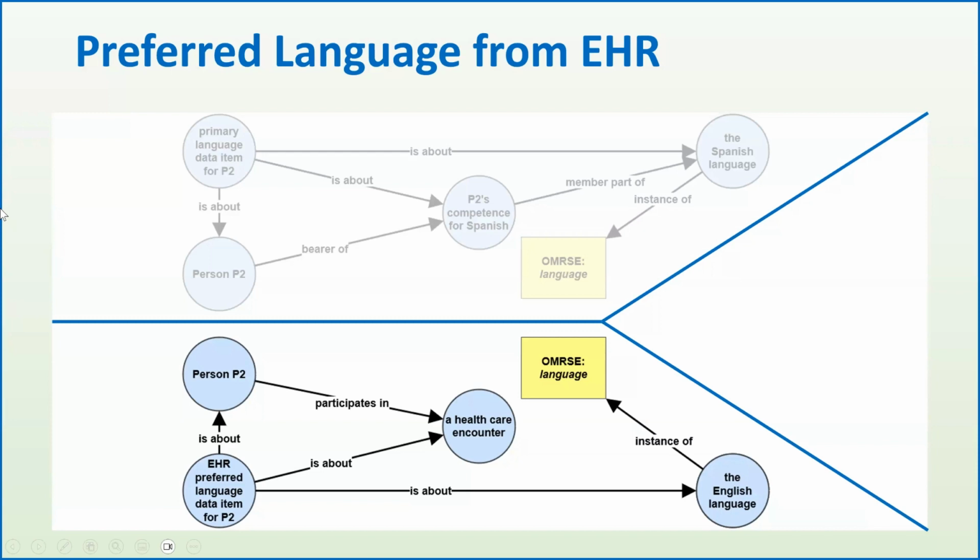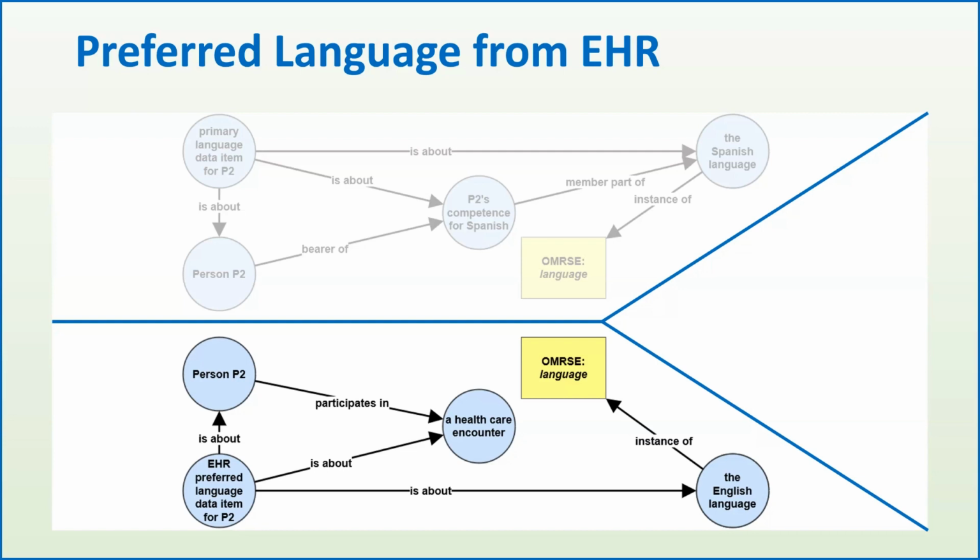Now, preferred language isn't always a language that the patient has a competence for. In some cases, they might be forced to choose a language they don't have a competence for and use some method of translation. So we can't assume that there is a competence for this, but we can represent the preferred language data item as being about the person, about the encounter, and about the language. And again, the language is an instance of OMERS language.